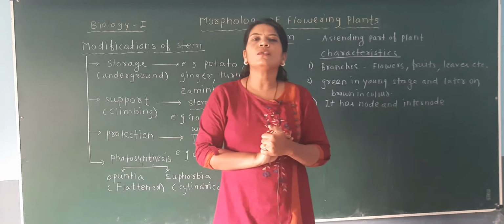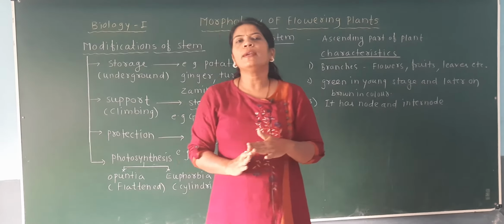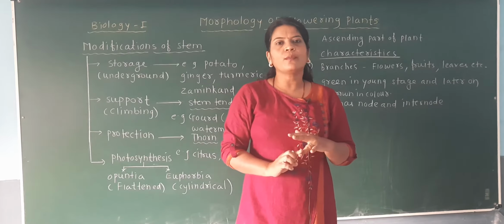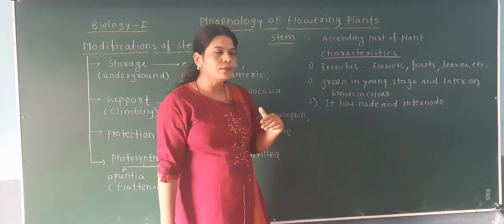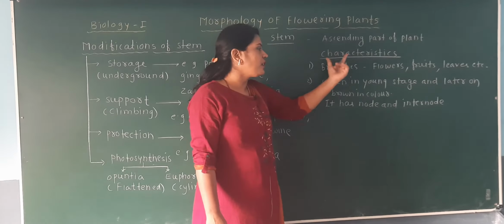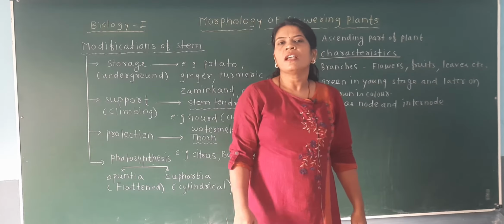Now we also have to know the different functions of the stem, because in the root part we saw the definition of the root, the characteristics of the root and the functions of the root. Like that, here also we are going to discuss the definition, the characteristics and the functions of the stem.